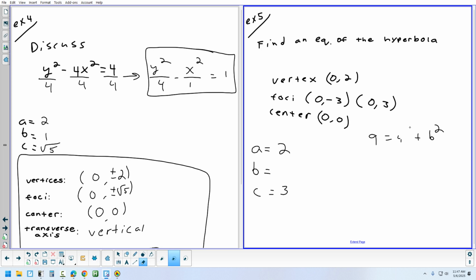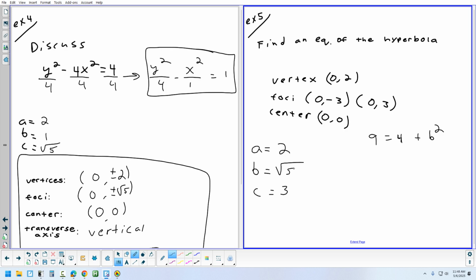So we got C squared, that's 9. A squared is 4. So B is going to be the square root of, yep, 5. Again, we don't really need B in this case because they're not asking you for the equation of the asymptote. So you're not going to need B. You're going to need B squared.